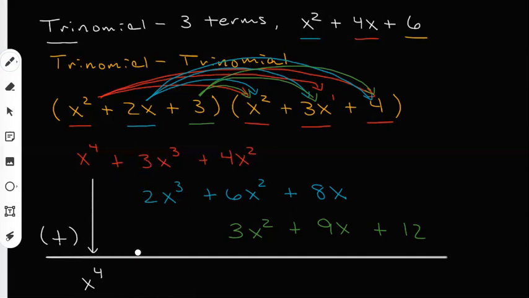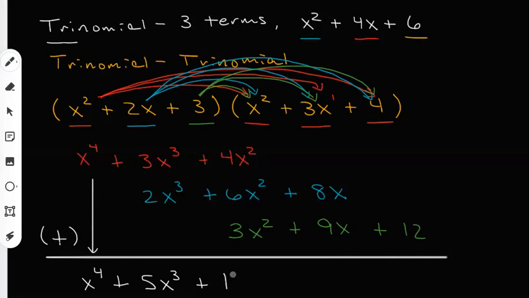What's 3 plus 2? That's going to give me 5, right? And I keep this exponent, the 3, the same. Next, let's add up the squares. I've got 4 plus 6 plus 3. 4 plus 6 is 10, and 10 plus 3 is 13.